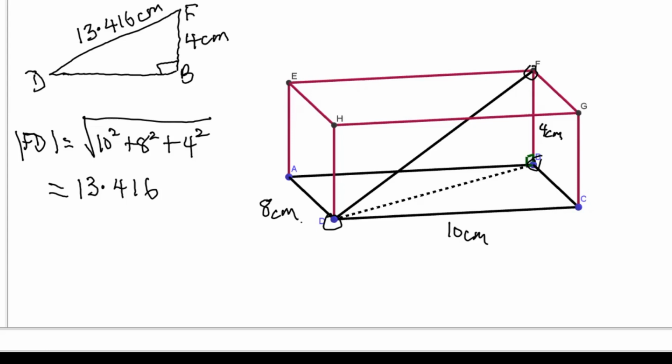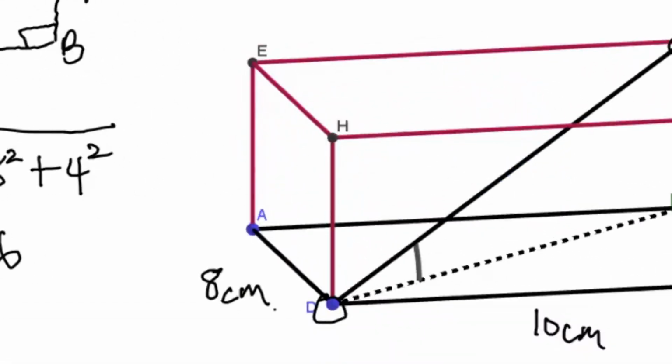So now we are going to look for this angle here. That angle, we can give it a name. Let's say it's theta. That means we are looking for theta here.